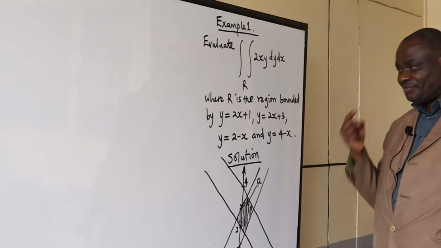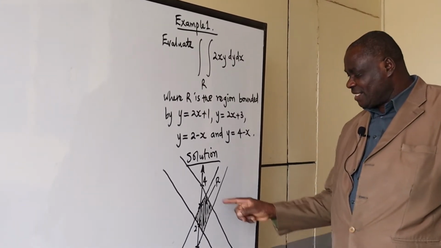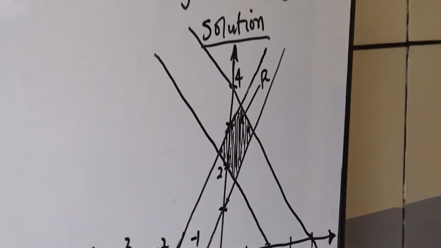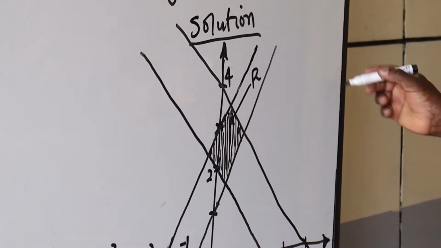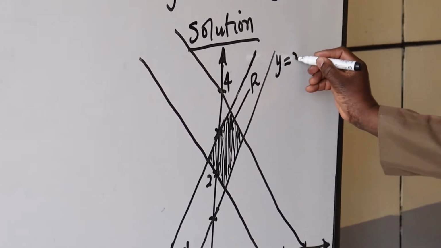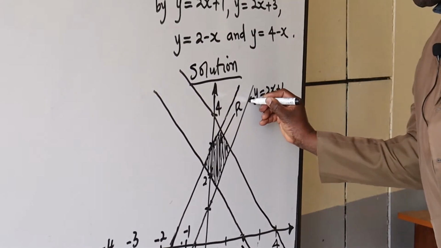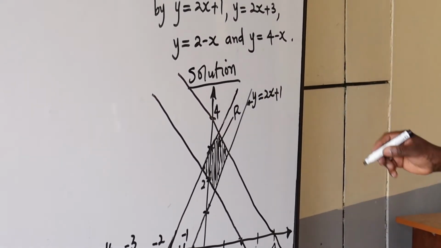Now, as we can see here, this is our region R, bounded by the said lines. This is the graph y equals 2x plus 1.